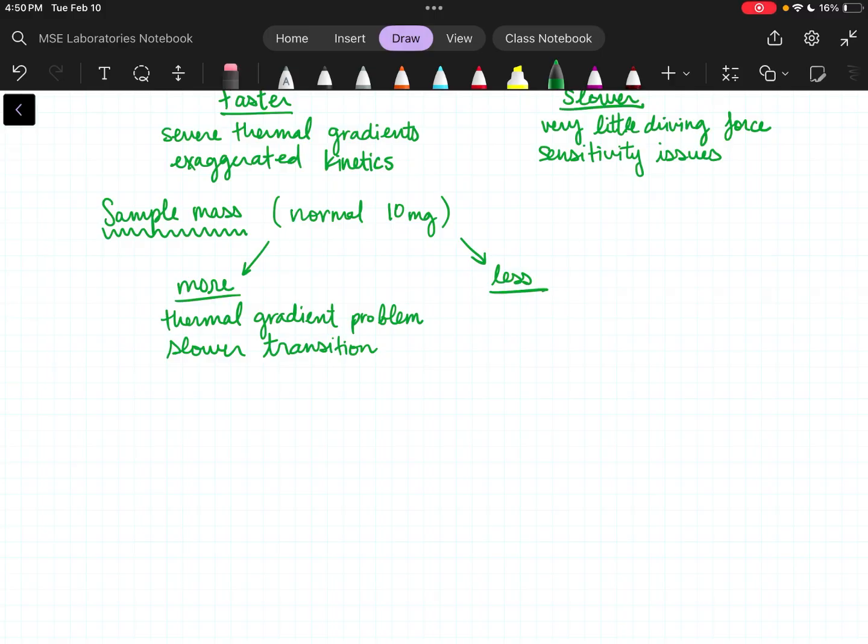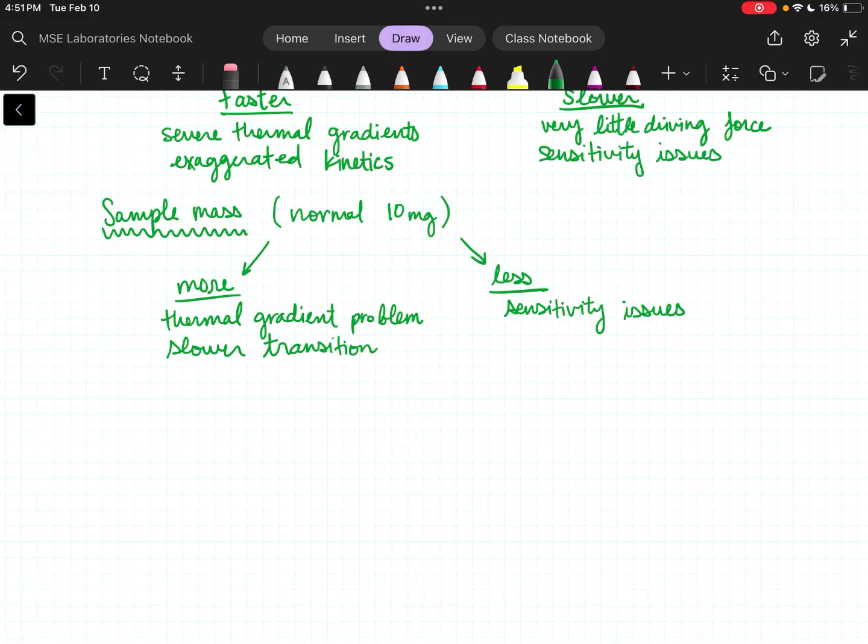If you have too little, we have sensitivity issues. It takes so little heat to melt a snowflake, and there's a possibility that our detector won't even notice that heat energy has been absorbed.